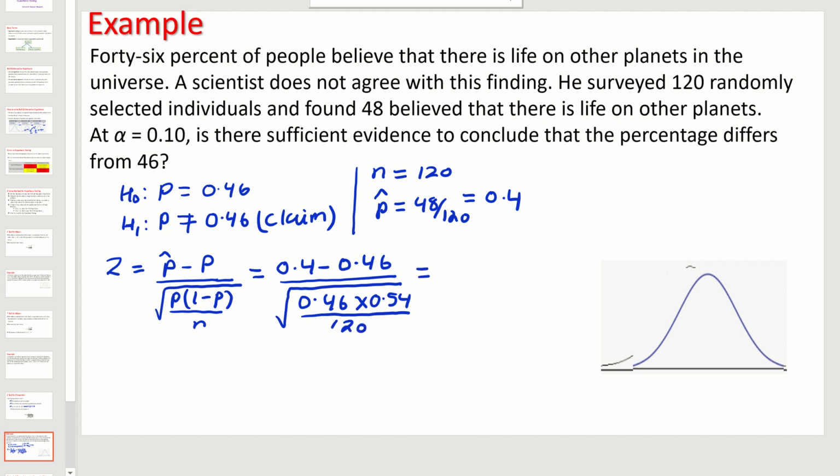So if we type all these in our calculator and simplify, make sure you check it, the result will be negative 1.3188. That is the z-score calculated.